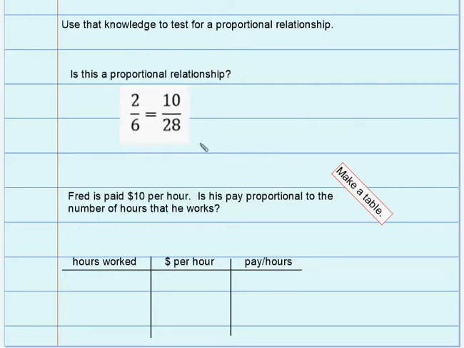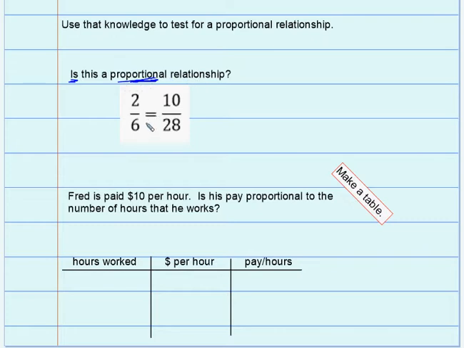We can use that knowledge to test for a proportional relationship, because just because they show us fractions that are equal to each other doesn't mean they're proportional. Sometimes we're using the equal sign for a different reason. So here's a fraction equal to another fraction, and we're just checking to see if it's a proportional relationship.